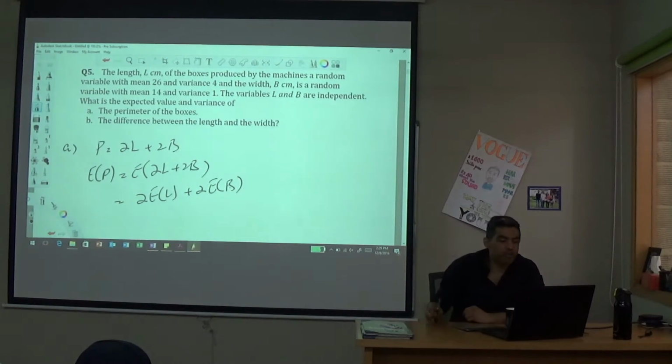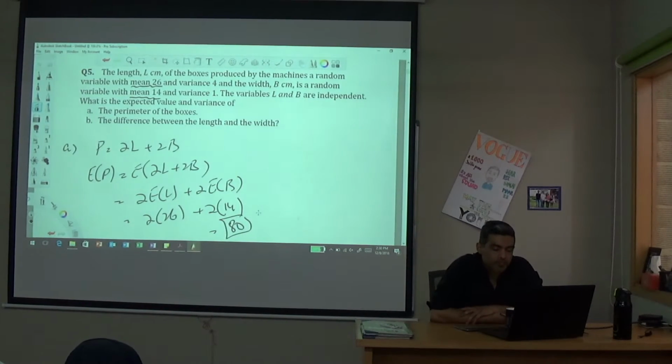Expected value for the length is 26, expected value for the breadth is 14. So 2 times 26 plus 2 times 14. How much is it? 80. So the expected value for the perimeter of any box is 80 centimeters.